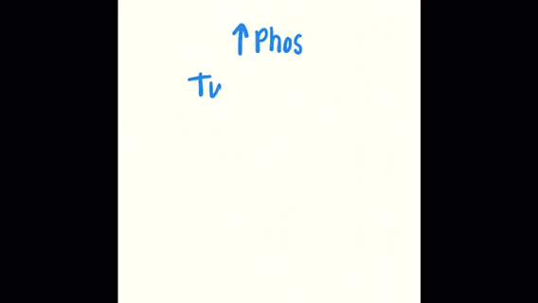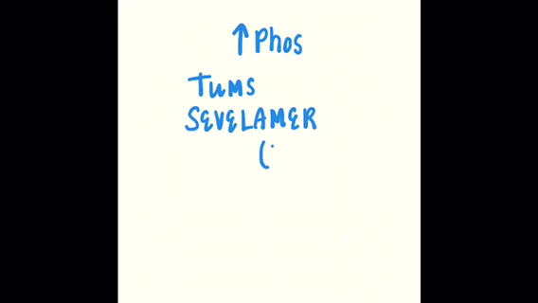So we'll often do Tums, which would help bind some of that phos in the gut, as well as something called sevelamer, which is an oral binder like Kayexalate was for potassium. We typically start patients on this when their phosphorus levels are greater than 6, and they take it when they eat foods. So the sevelamer works to bind that phosphorus that's in the food and just excrete it from the body naturally.